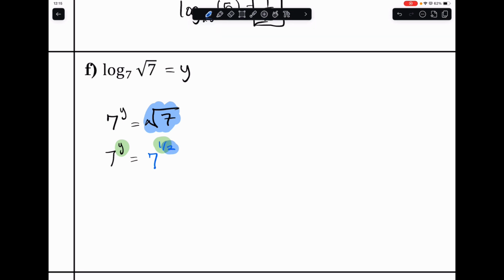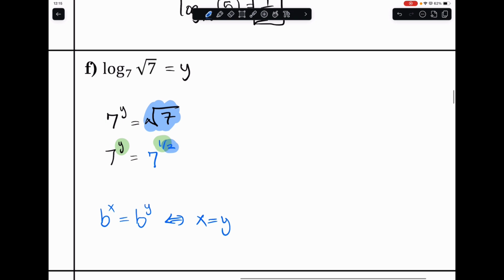Which states that if I have a power raised to an exponent x, and it equals another power with the same base but raised to a different exponent, let's say y, the only way that these powers are equal to each other is if these exponents are also equal to each other.